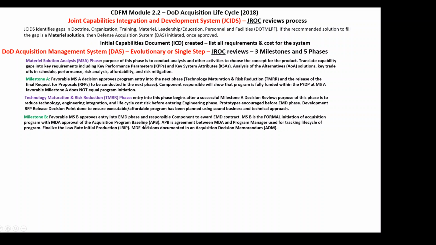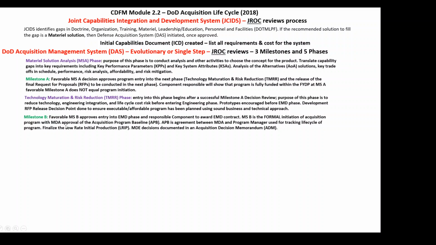So this is the same program baseline that is established by the program manager. So if it says which part of this acquisition management system begins the formal part, once we go to milestone B and it's approved, that means we have committed to the development of this capability gap. So milestone B is the formal initiation of the acquisition program.